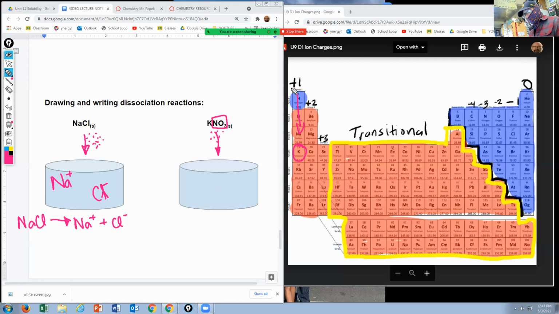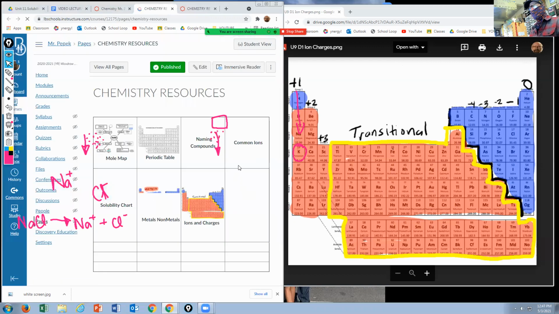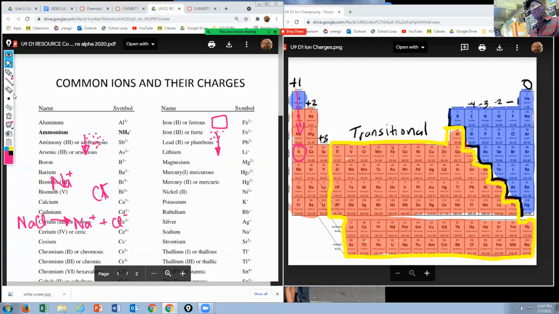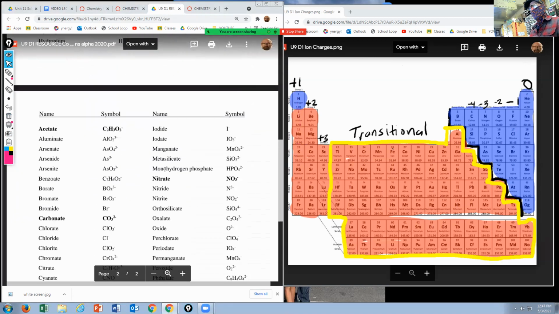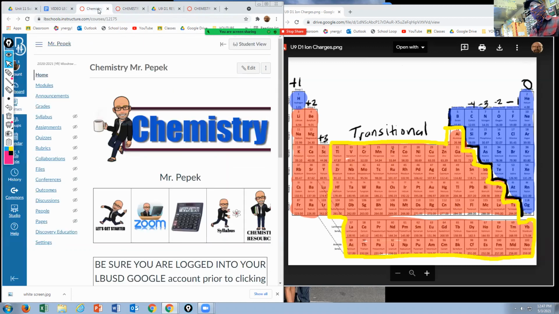Let me get that for you. I'm going to take you through this process. You're going to go to my resources. You're going to find the common ions. And you're going to look through until you find NO3. And sure enough, NO3 is nitrate. It's one piece. It's one ion, right?